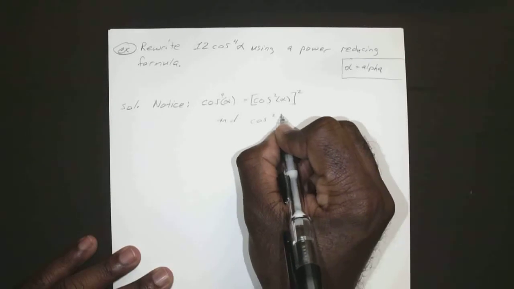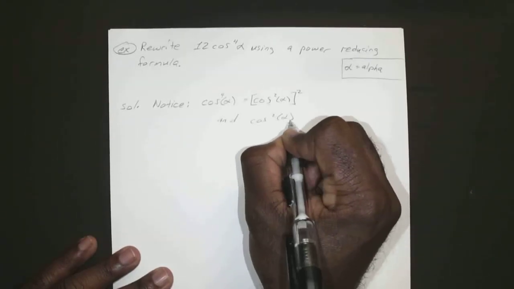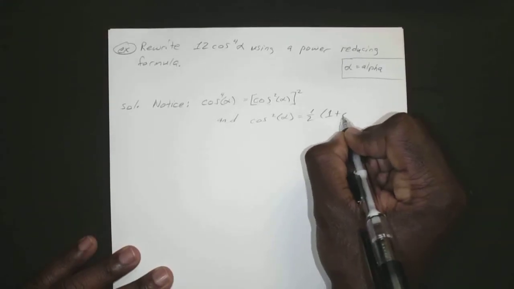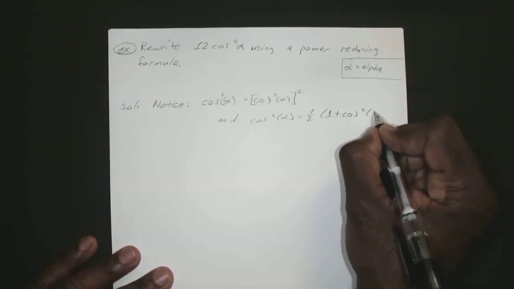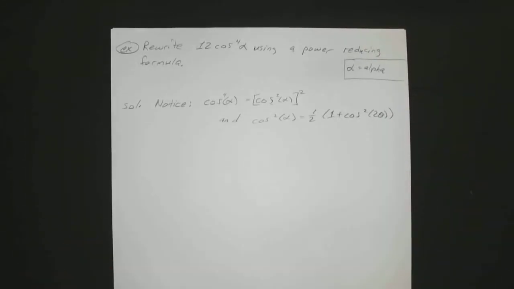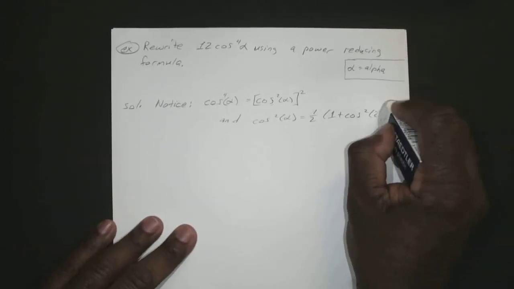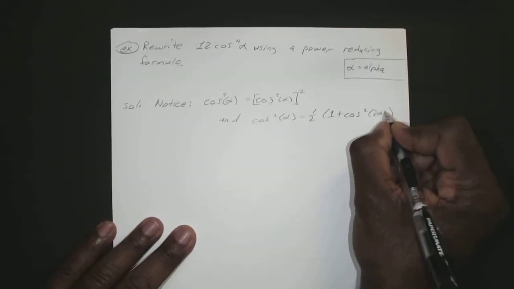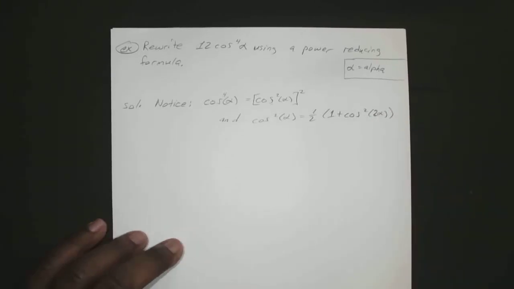And cosine squared of alpha is equal to 1/2 times 1 plus cosine squared 2 theta. I actually left it as theta for a reason. Well, actually, I can change to alpha. Leave it a little less confusing. That may be a better way to explain it.